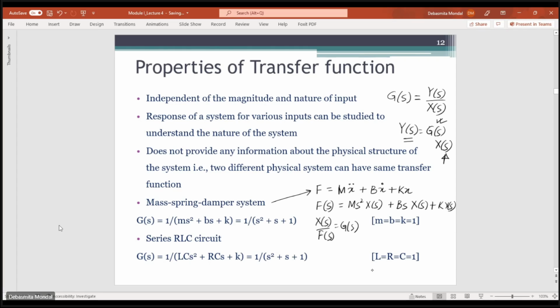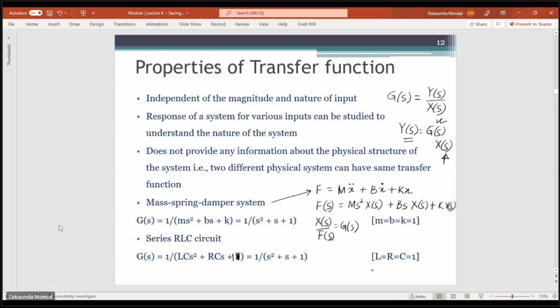The generic transfer function is given by 1 by (LC s² plus RC s plus 1). If the values of L, R and C are all equal to 1, the transfer function becomes 1 by (s² plus s plus 1).